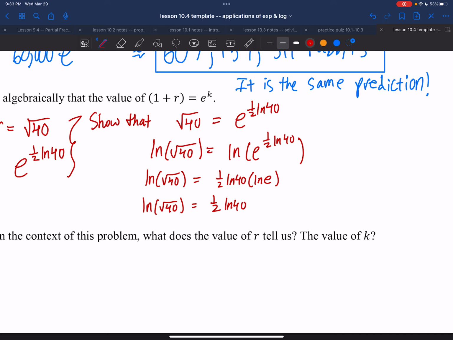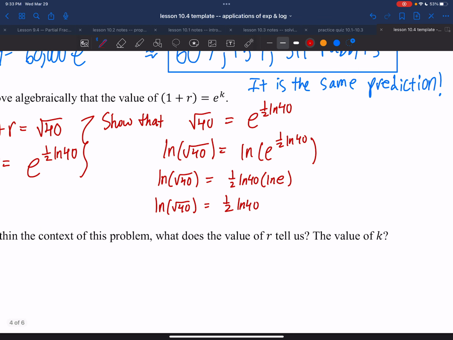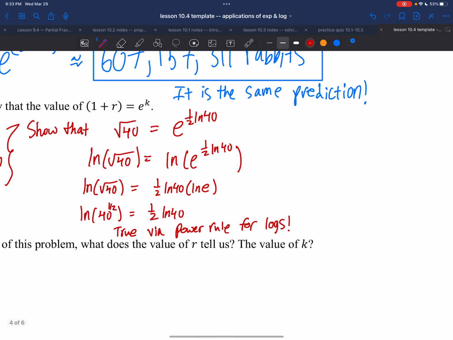Aren't those the same thing? Because natural log of square root 40, that's 40 to the 1/2, which is true via the power rule. And there you go. The values are equal.